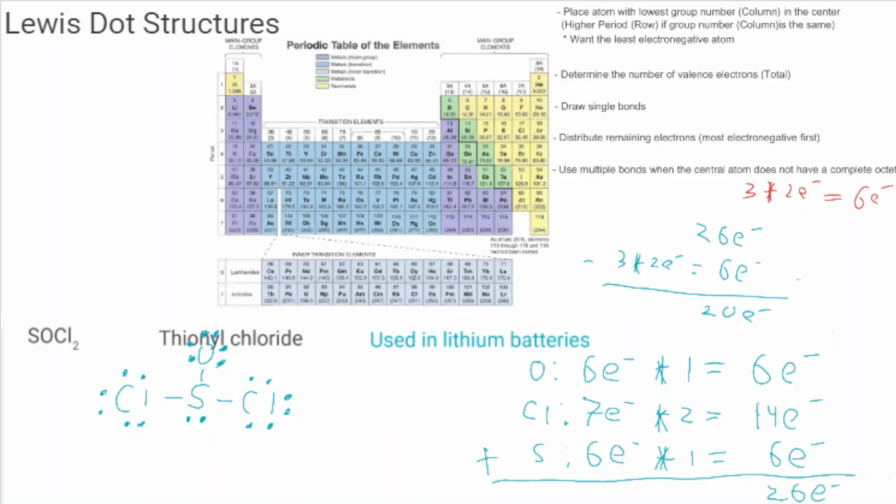So we can say we have 20 dots times 1 electron each, giving us 20 electrons. Add that up, we get 26 electrons. And we can confirm that that matches with our original amount of valence electrons that we started out with. So this is the Lewis dot structure for thionyl chloride, or SOCl2.